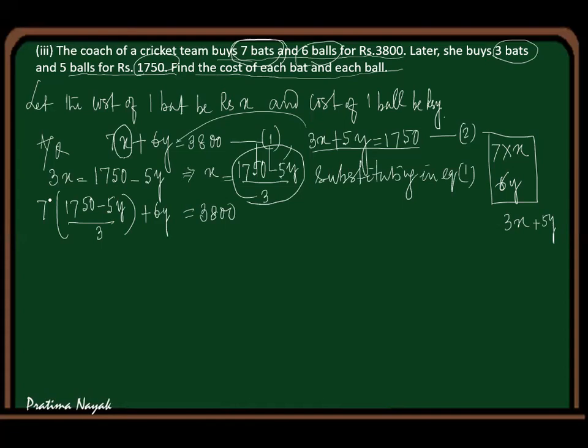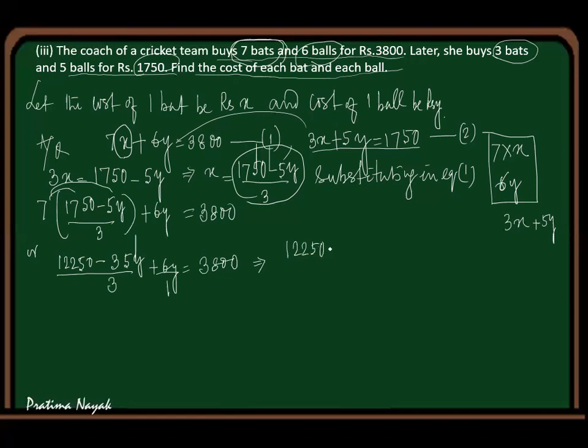Here 7 will be multiplied with both. It will be how much? 12250 minus 7 multiplied with 5, 35y, by 3 plus 6y is equal to 3800.